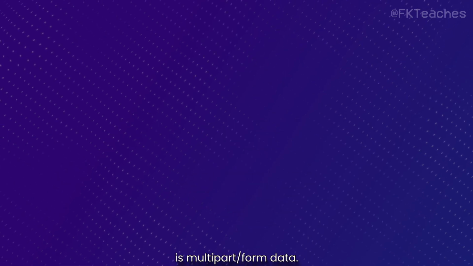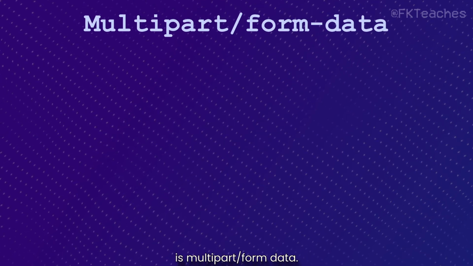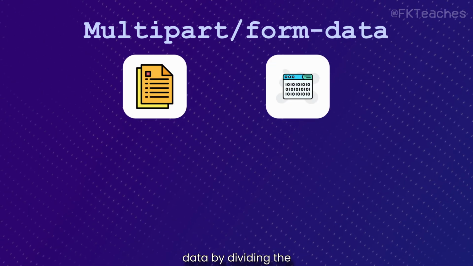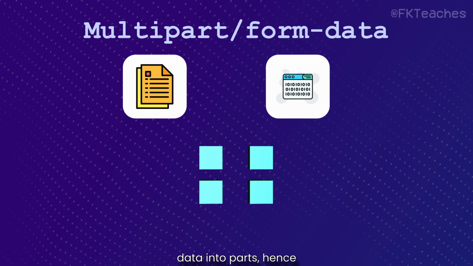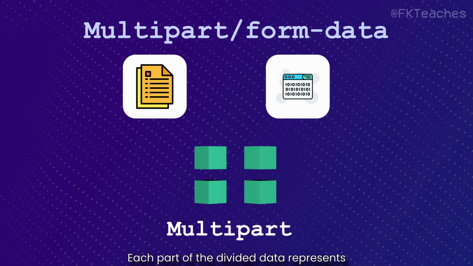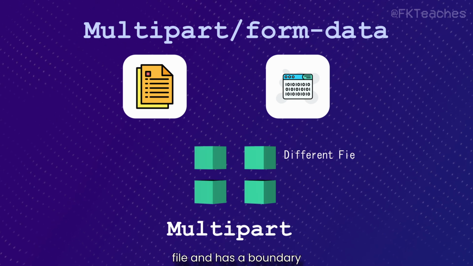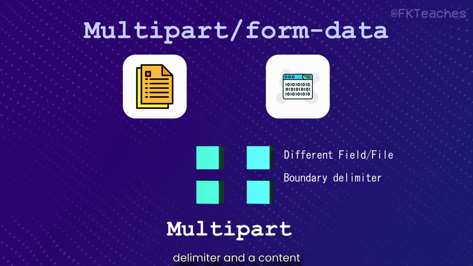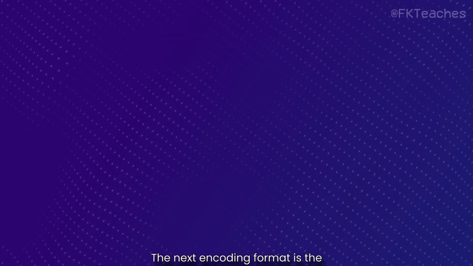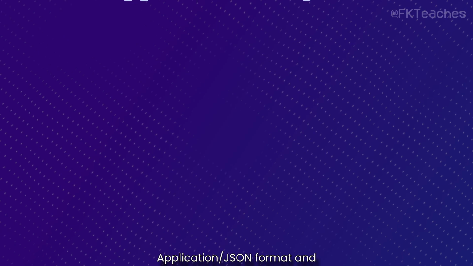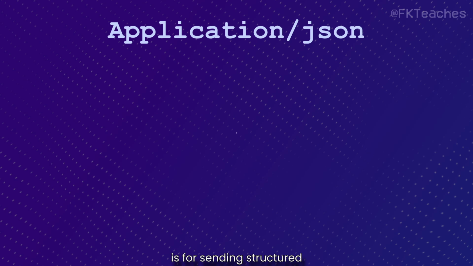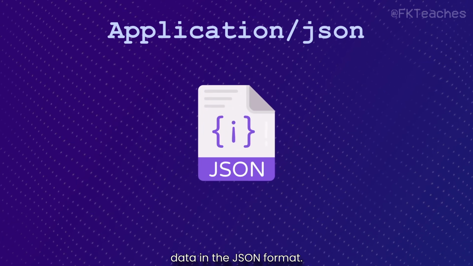Another encoding scheme is multipart/form-data. This is used for sending files and binary data by dividing the data into parts, hence the name multipart. Each part of the divided data represents a different field or file and has a boundary delimiter and a content type specified for each part. The next encoding format is the application/json format, and as you may have guessed, this is for sending structured data in the JSON format.